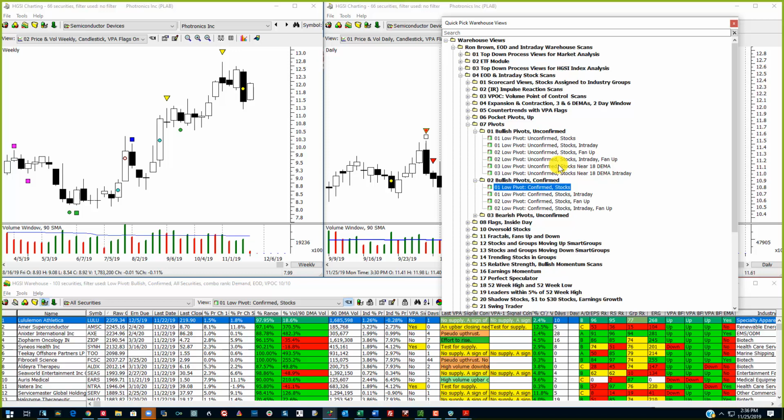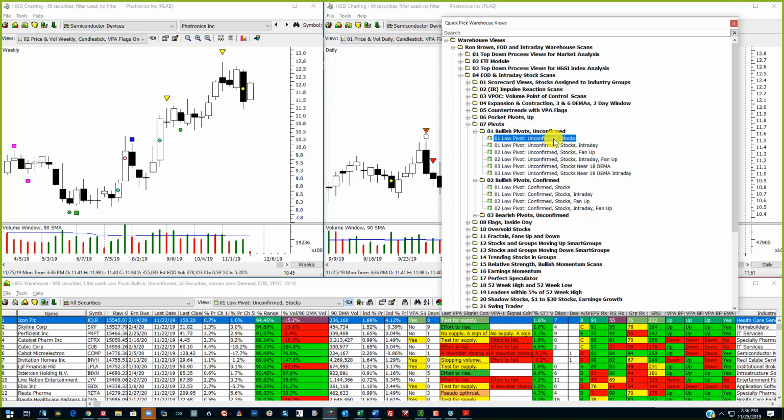Now, I believe there is code available for Thinkorswim. I've never put it in because I like to work within HGSI, and like I said, I believe this works well enough.